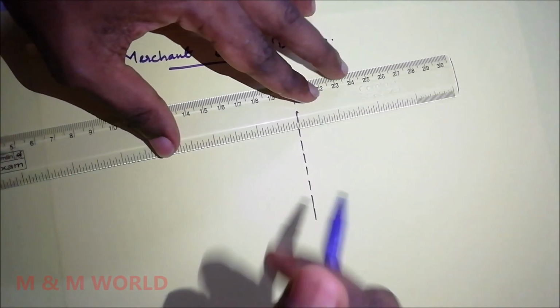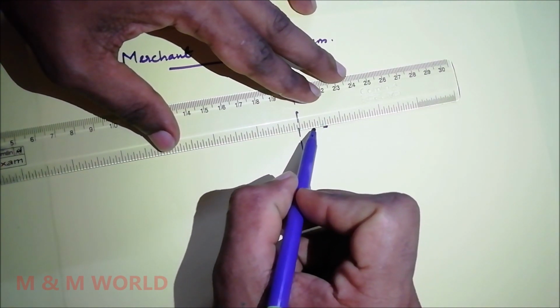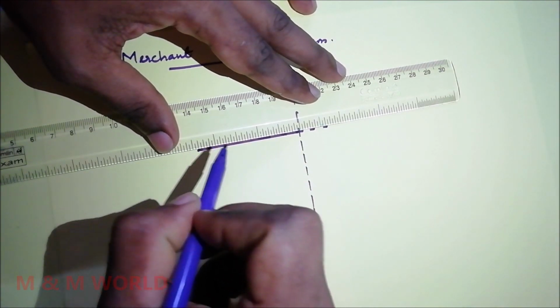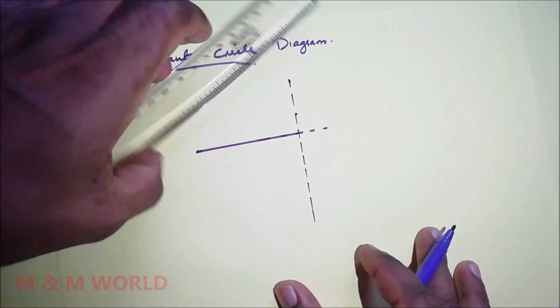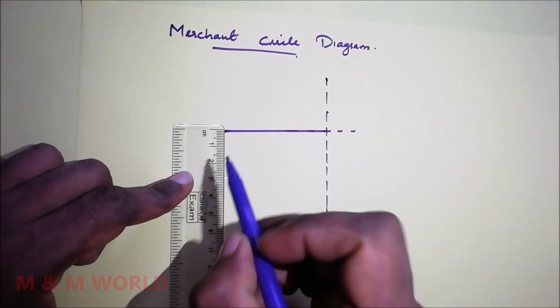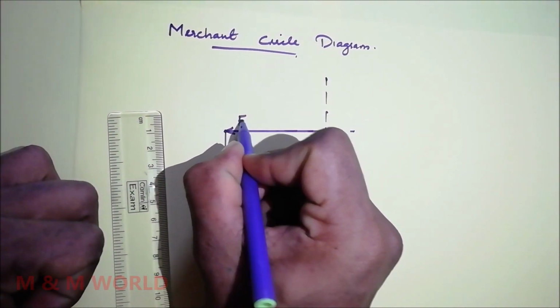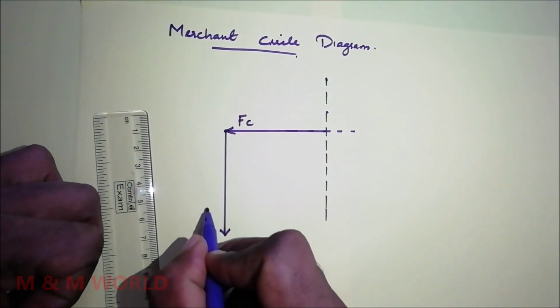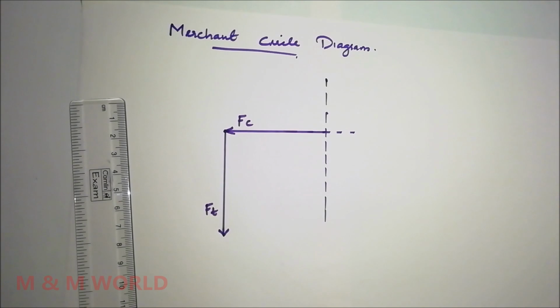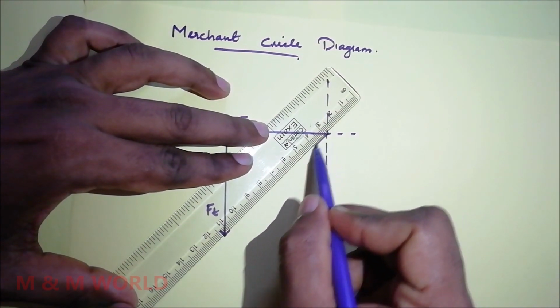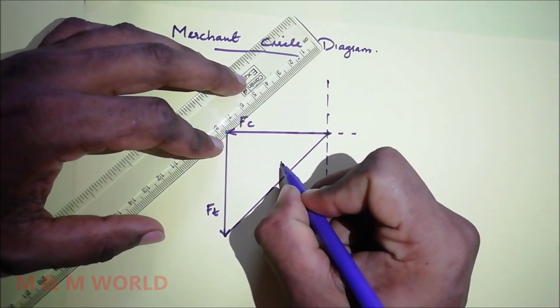So this is FC and this is FT. Now draw the resultant R of FC and FT.